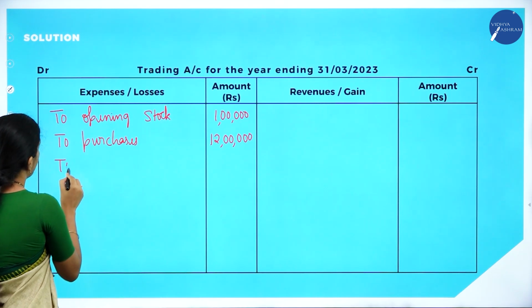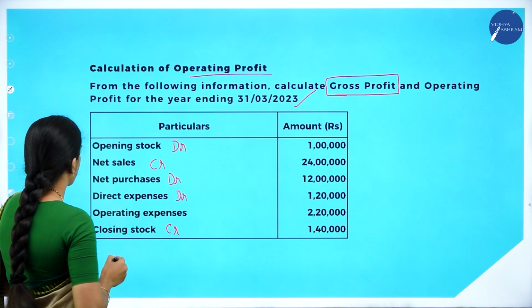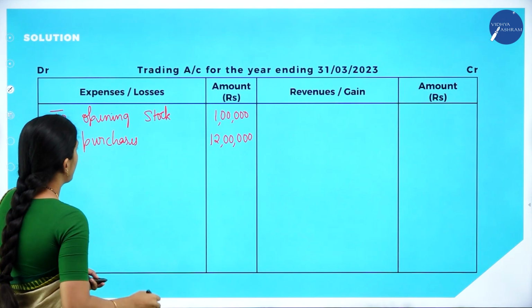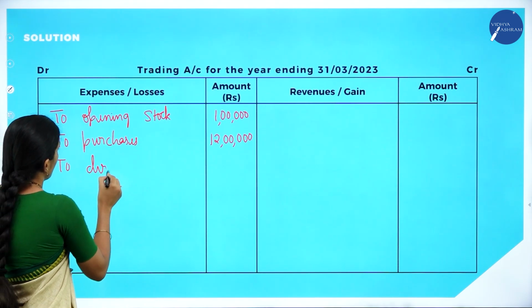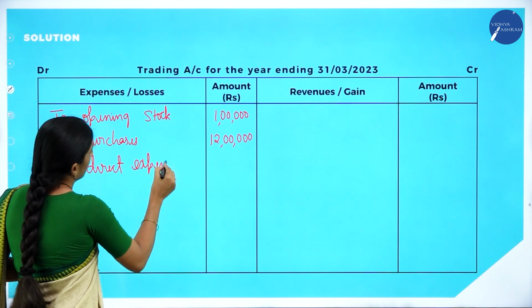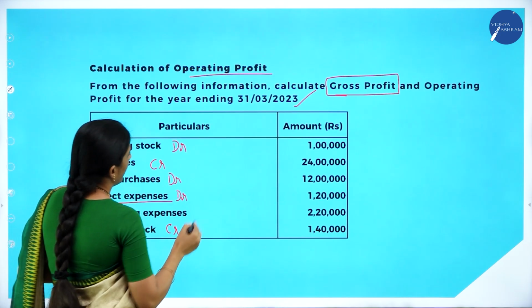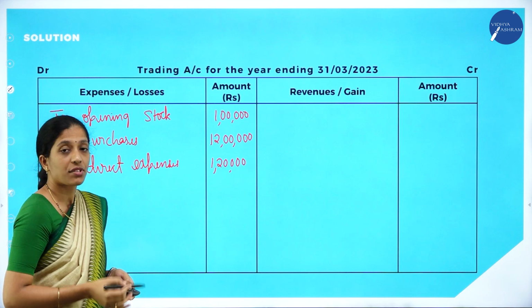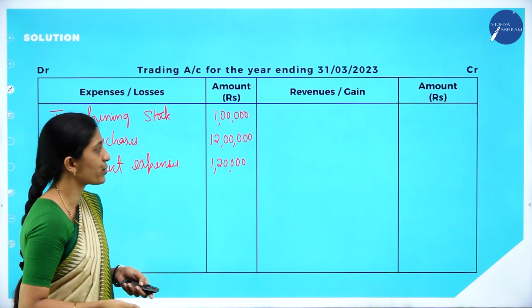Then to direct expenses. So what are the direct expenses they have given? Yeah, they have given directly. Direct expenses 1,20,000. So to direct expenses, that is 1,20,000. Now coming to your credit side, we have sales, less returns and closing stock.